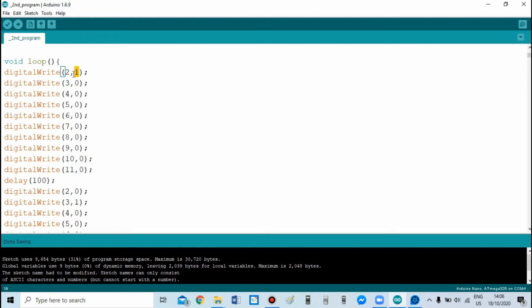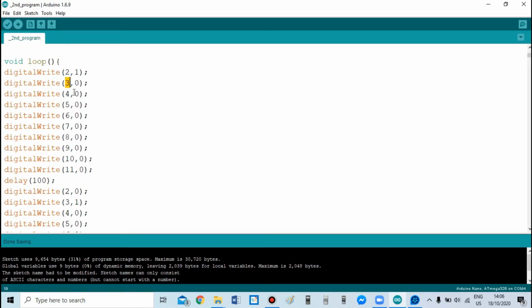It also means the light connected to the 2 number pin is on, and the 3rd number pin will get low voltage. That means the 3 number LED has turned off.